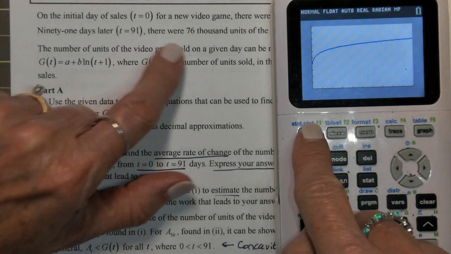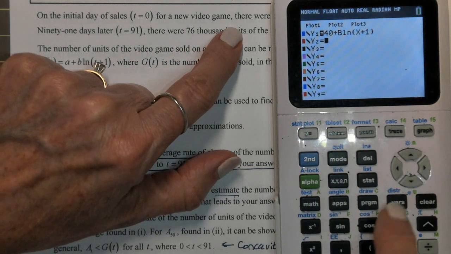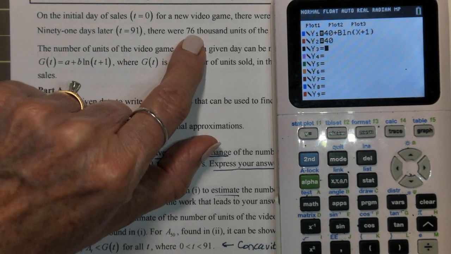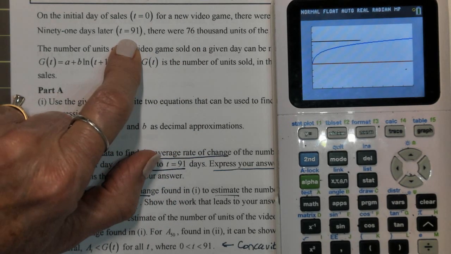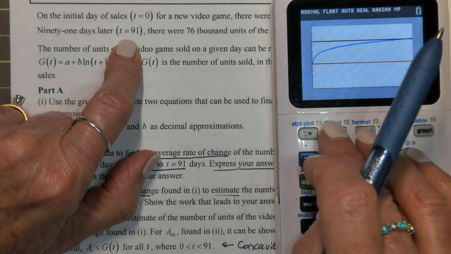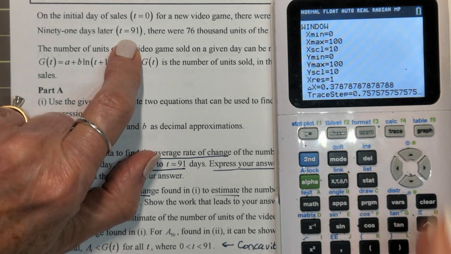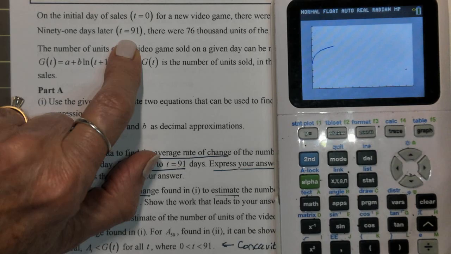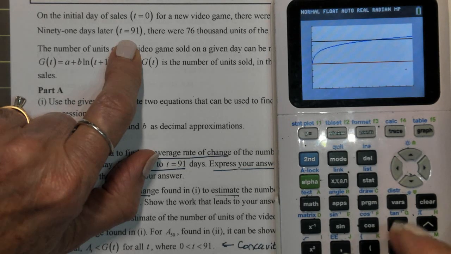At time 91 there were 76, so I can go ahead and put in 40,000 for time 0, and 76,000 for time 91. Oh, I should have gone a little bit past that. Instead of having my X max at 100, I might make it 150. How about that? There we go. That's a little better.